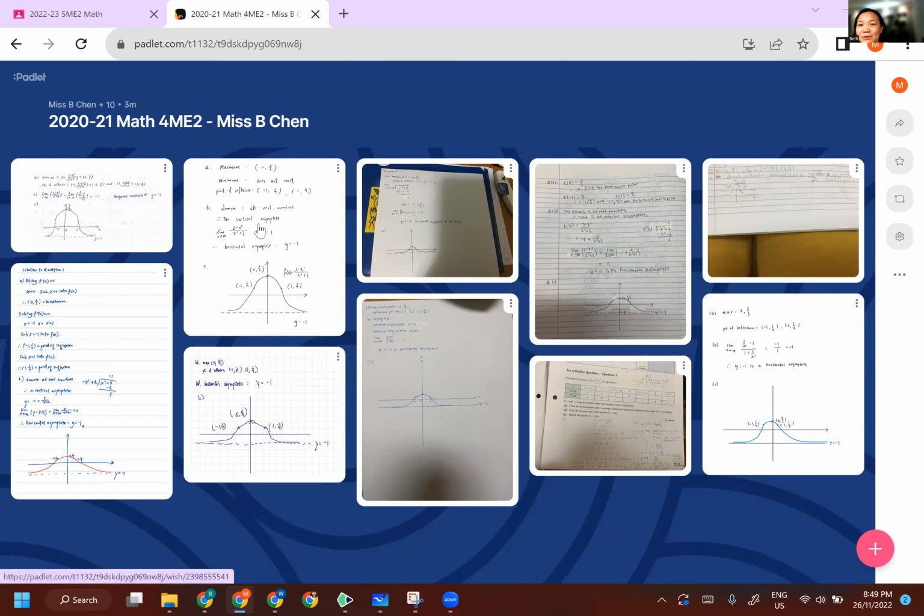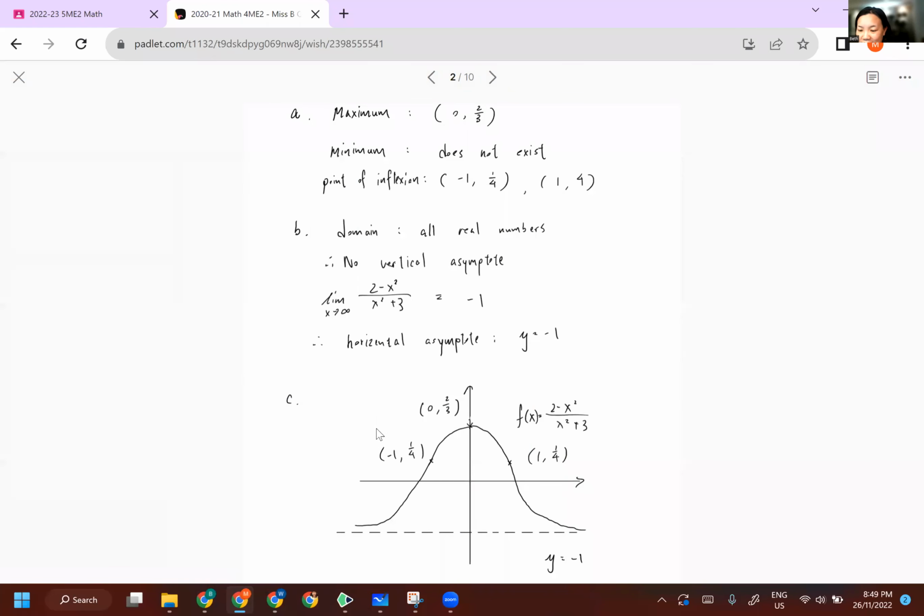Now, I'm very happy to see that all of you show maturity, really, in this curve sketching problem. It's so excellent. If I pick Iris, she doesn't follow the steps I showed. She just wrote down a maximum, minimum, and point of inflection.